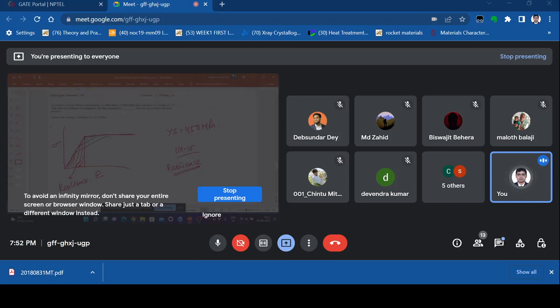And this whole area is toughness. So basically toughness is how much energy a material absorbs before it fails. Okay, so we have to calculate the ratio of this resilience to toughness.